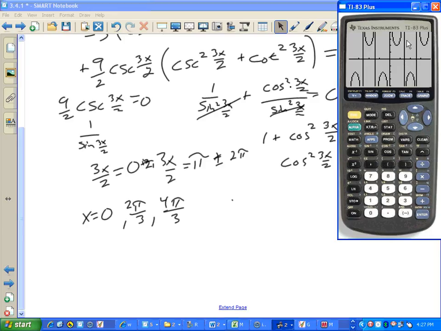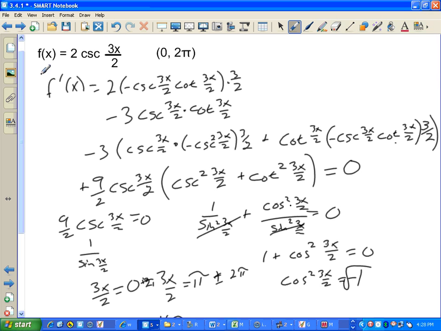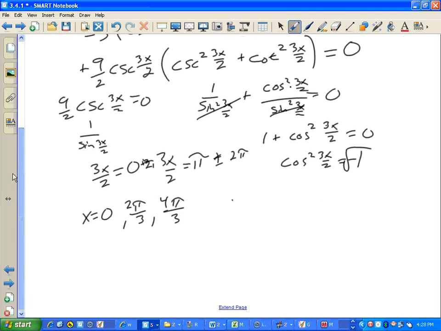And that's actually a vertical asymptote, but if you notice right before the vertical asymptote, it's concave up, it's concave down, it's concave up. So this is 4 pi over 3. If we do our second derivative test, we should see the same thing. So 0 isn't really a count because that's the beginning of my range that I'm looking at. So I can ignore that.